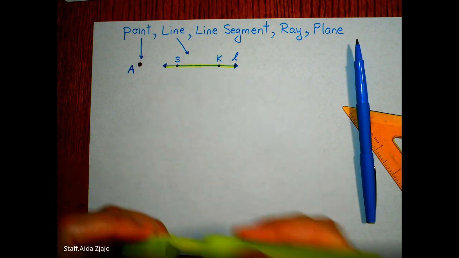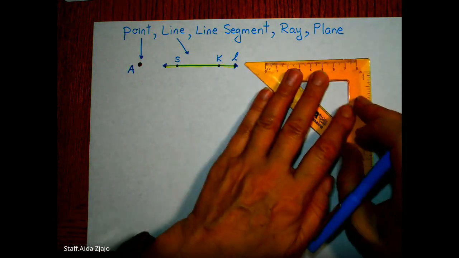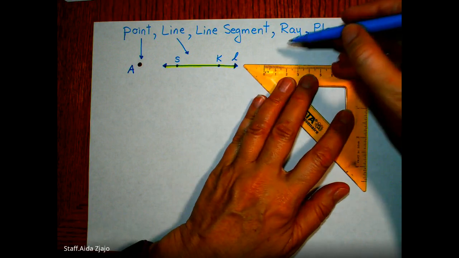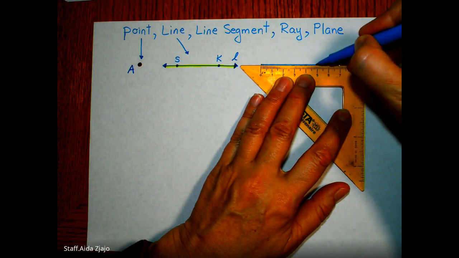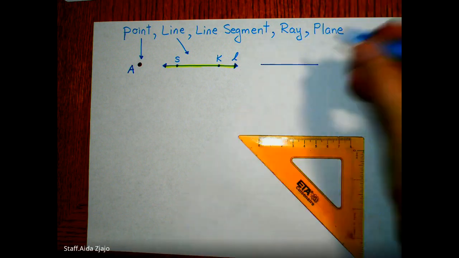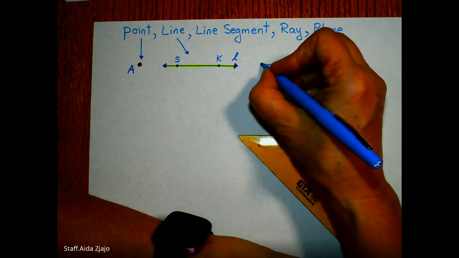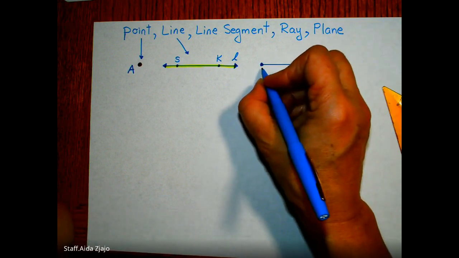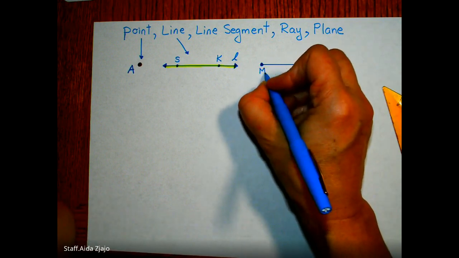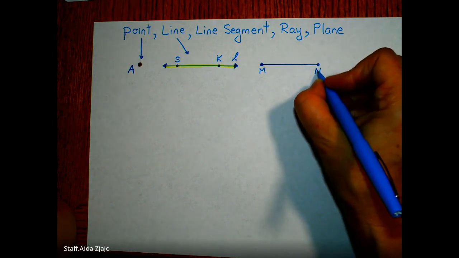Okay, so we're going to draw a line segment. If we just do the line, maybe this much, and then we need the endpoints. So this line segment stops. It begins at M and it ends at N. Maybe I labeled it that way.